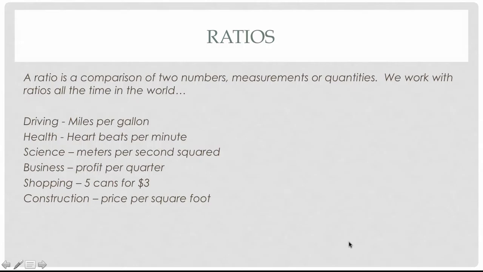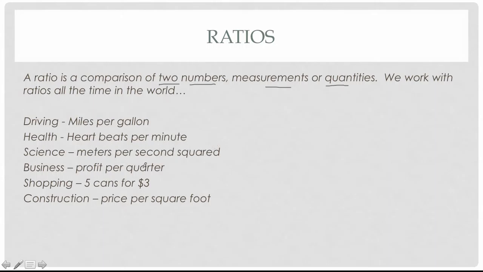All right, let's do a little bit of ratios. Ratios is a good middle school topic. Hopefully you guys remember some of this stuff. A ratio is simply a comparison of two numbers, measurements or quantities. We work with ratios all the time in the world. Whether we're driving, it's your miles per gallon. For your health, heartbeats per minute, what's your heart rate? In science, we got meters per second squared as our acceleration.